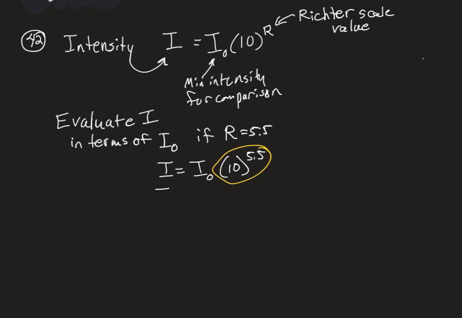So with a calculator's help, I have determined that I have 316,227.766 I sub 0. A lot bigger than the minimum intensity that we have for comparison.